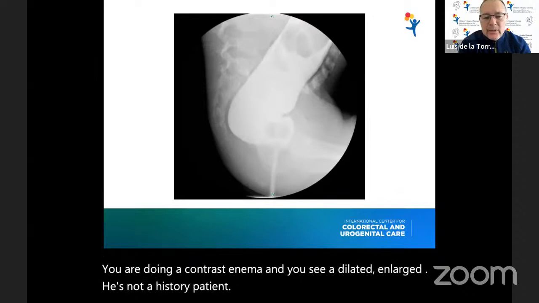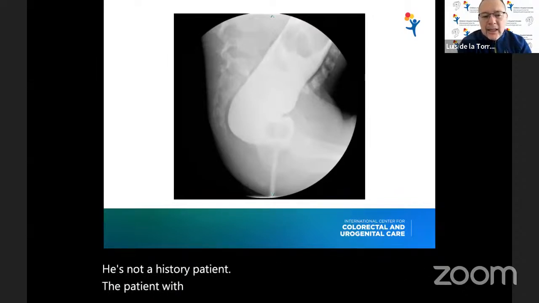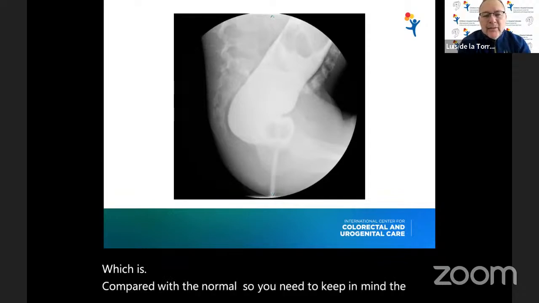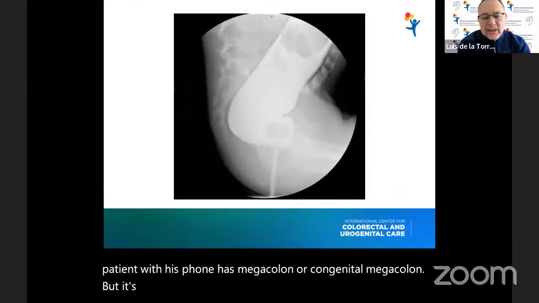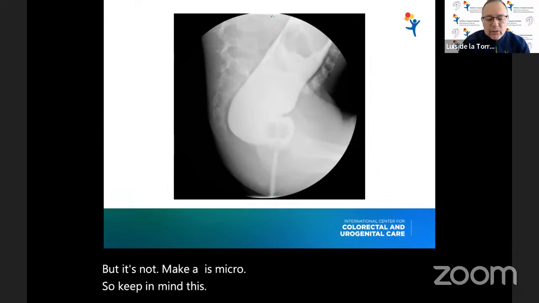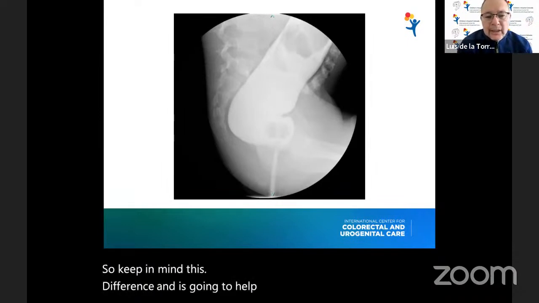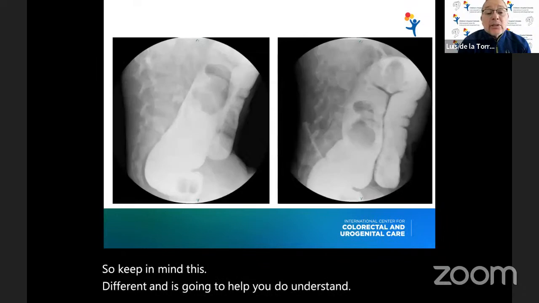The patient with Hirschsprung has a rectum which is small compared with the normal rectum. So keep in mind the patient with Hirschsprung has megacolon, or congenital megacolon, but it's not megarectum, it's microrectum. Keep in mind this difference, and it's going to help you to understand the contrast enemas.